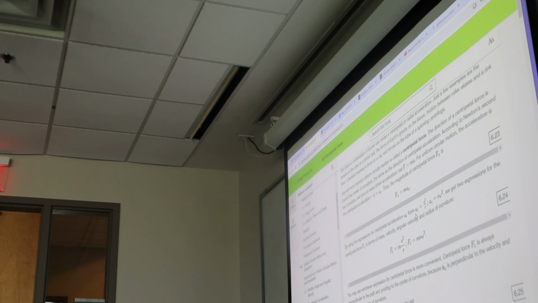Delta s is the change of the arc angle. But then delta s over delta t is the acceleration. Delta s, it's kind of like my position.